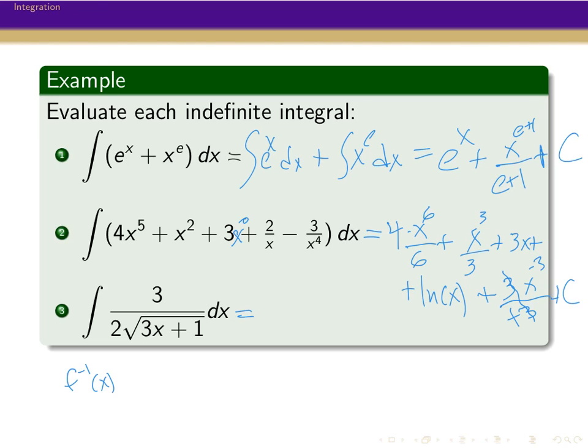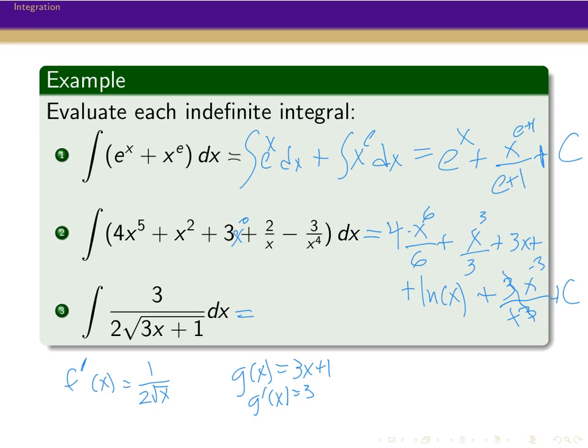If I let my f prime, the derivative of f, be 1 over 2 square root of x, and then I let my g be 3x plus 1, well then my g prime is equal to 3.